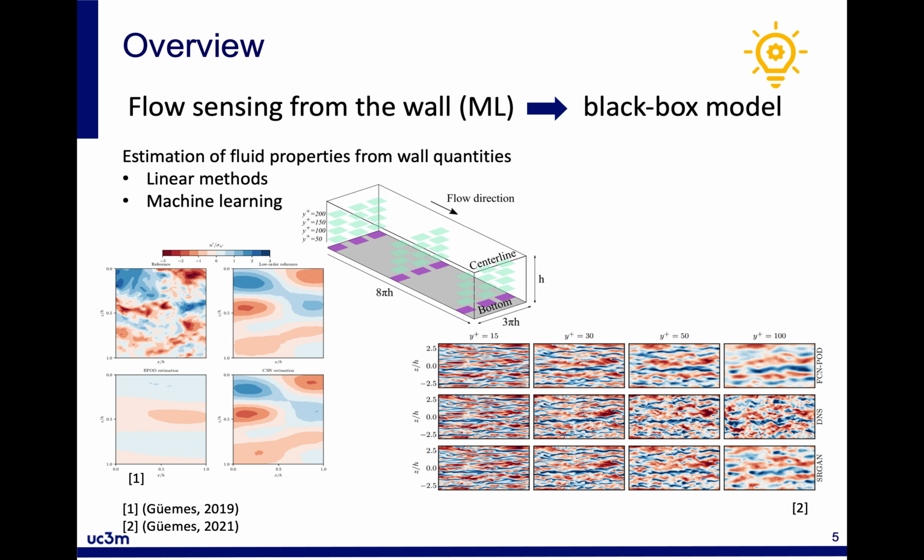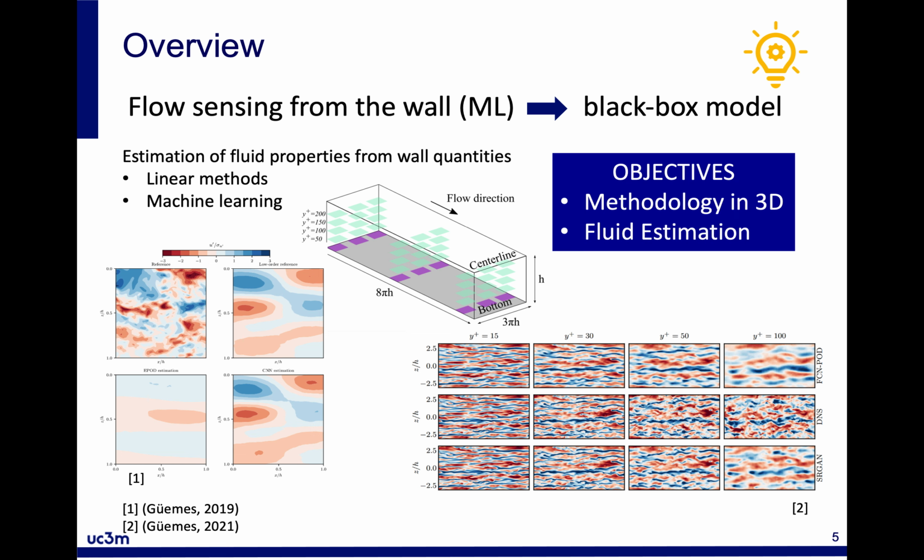Here we have some examples from the literature that can be considered as the baseline for this work. For example, wall measurements have been used in these references to estimate the velocity field in wall parallel planes, and the objective of this thesis is to do this same thing but in 3D, using as baseline these neural networks used previously in 2 dimensions.